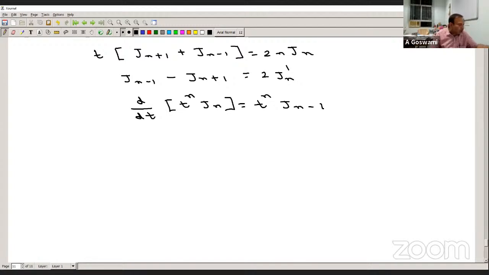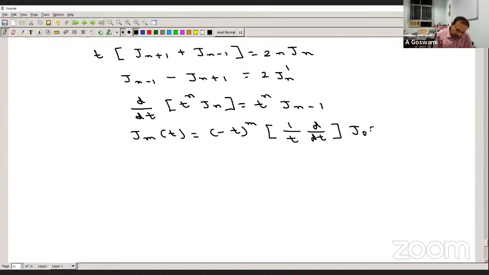And from here you can obtain ultimately one more equation, that is Jm(t) equals (-t)^m ((1/t) d/dt)^m J0(t). That is, from the Laplace transform you are finding ȳ(s), and then using it you get the solution Jn(t) of the Bessel equation, and you can find out different properties of the Bessel function also.